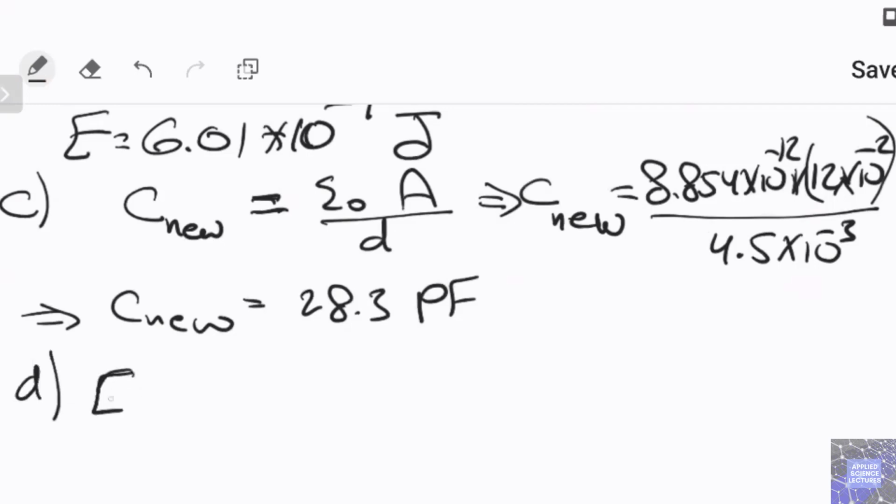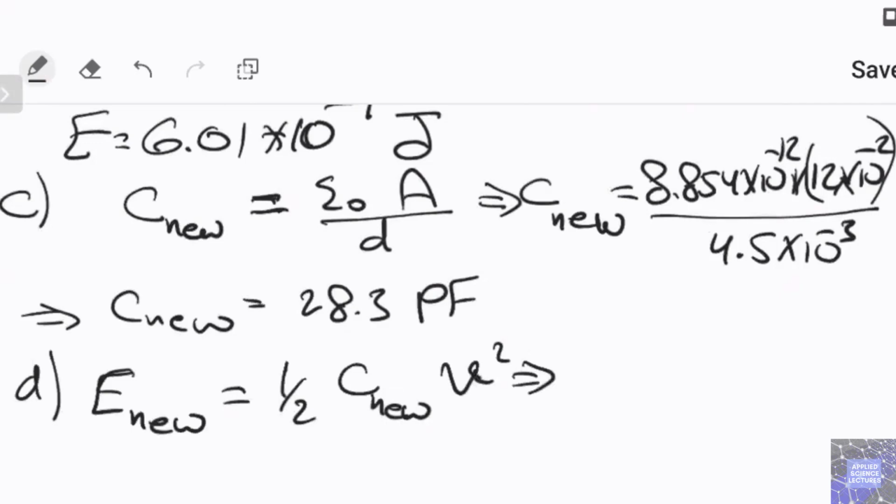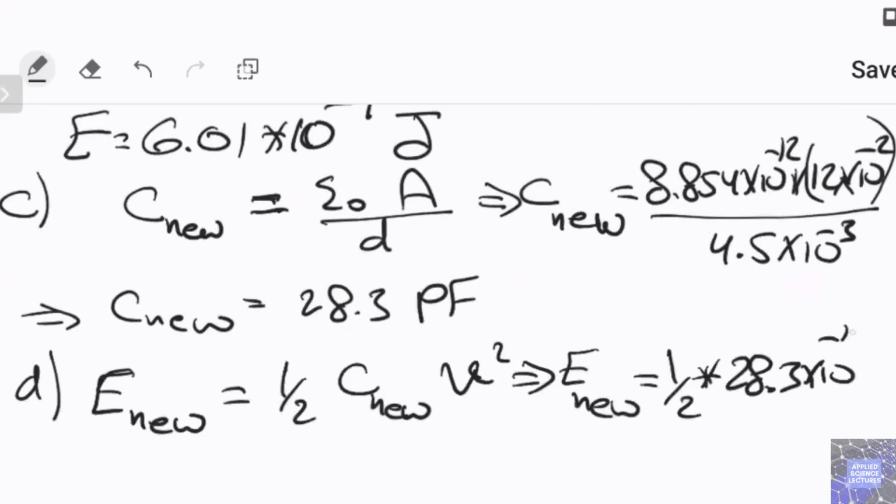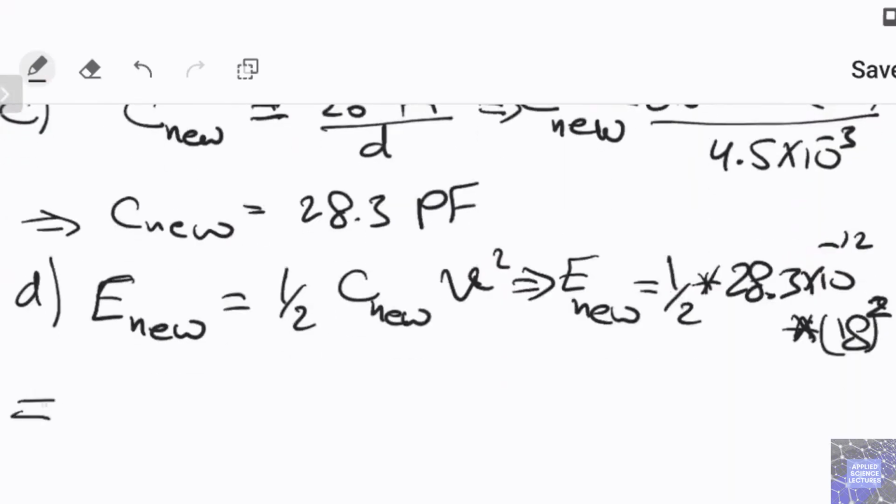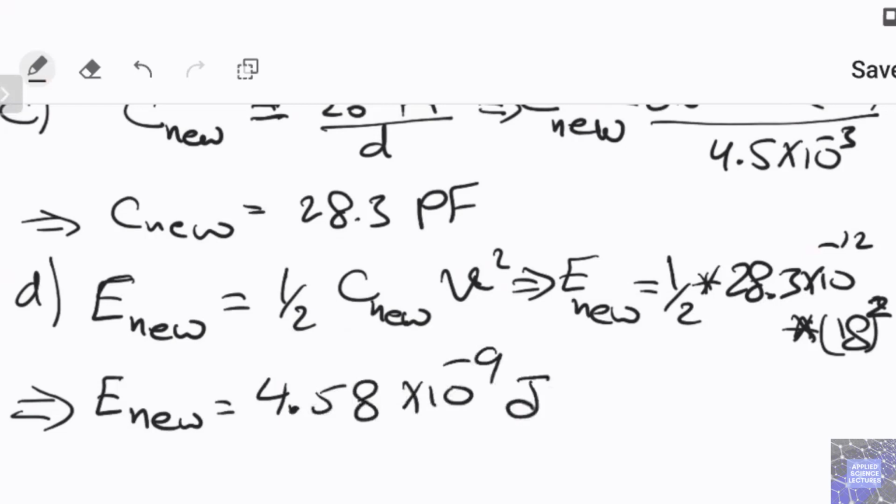So E new is half C new V squared, V did not change, so we have E is half times 28.3 10 to the power minus 12 times 18 squared. Is 4.58 10 to the power minus 9 joules.